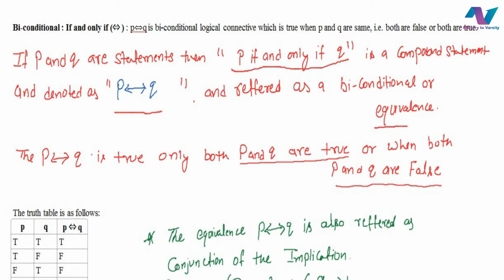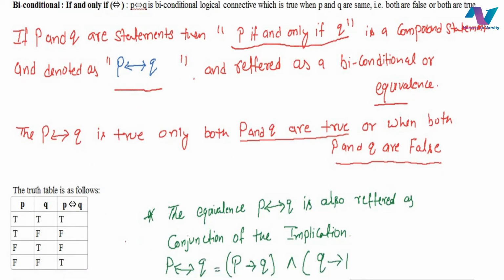P biconditional Q is true only when P and Q are both true or both false. These are the two conditions where we find true, else we find false.